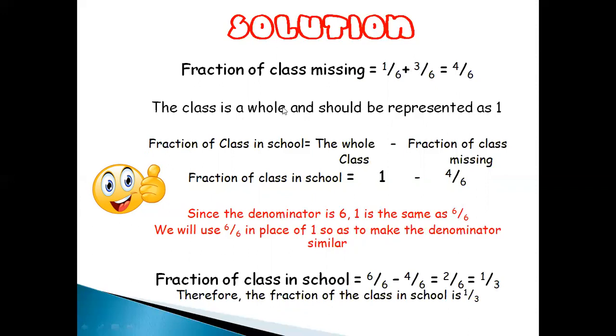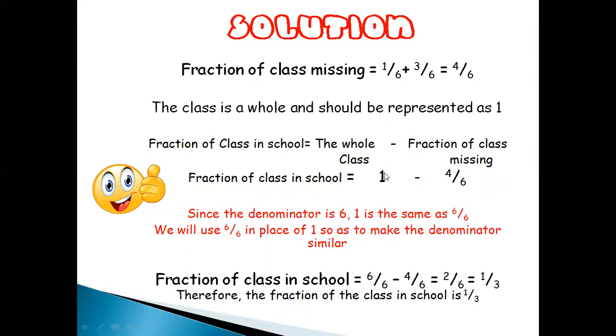Now, the class is a whole, so you represent it as 1. You represent your class as 1, that is the whole. So if I want to find the fraction of the class that is in school, this is what I'm going to do. The whole class minus the fraction of the class that is missing.